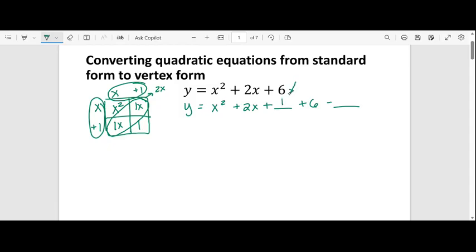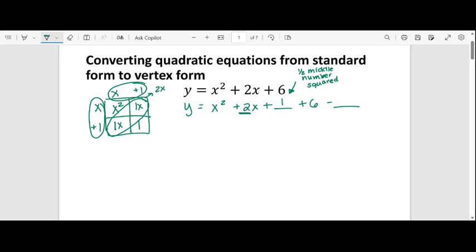To find this blank, if you don't want to go through the whole process of writing out the square, you can just say this is half of your middle number squared. And what I mean by that is we can look at our 2. Our 2 is our middle number, this value right here. We can say, well, half of 2 is 1, and 1 squared is 1.